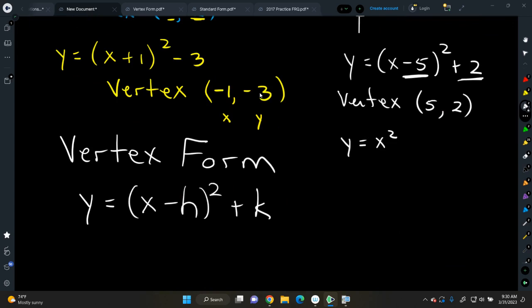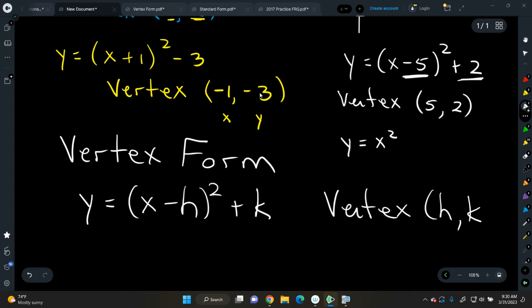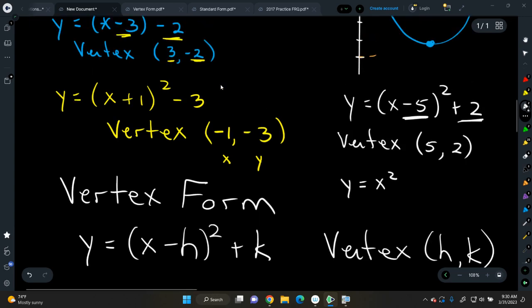So when the equation is in this form, my vertex is just simply going to be (h, k). That's my vertex. So the advantage of this form of the equation is that we know where the vertex is right away just by looking at it. We don't even have to graph it. We know where the vertex is, okay?